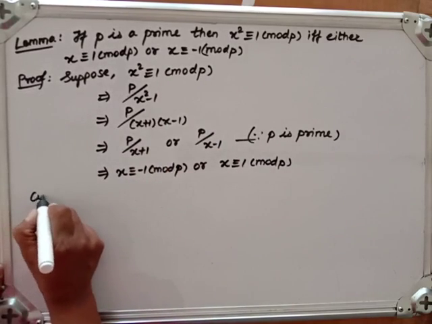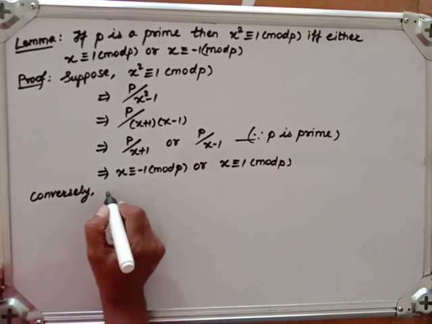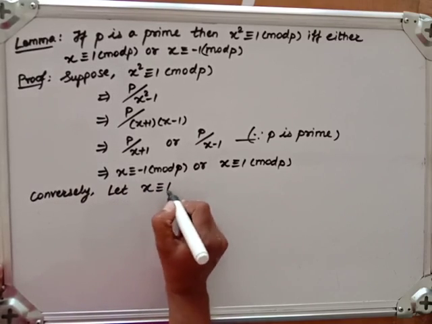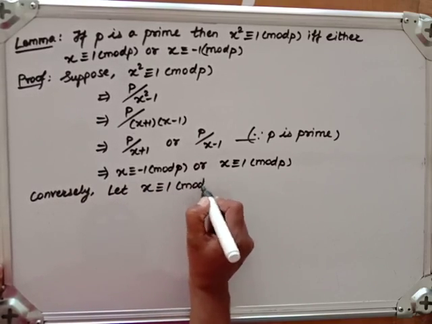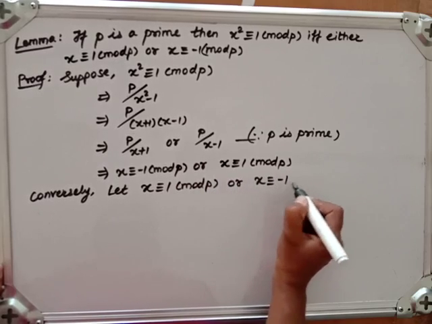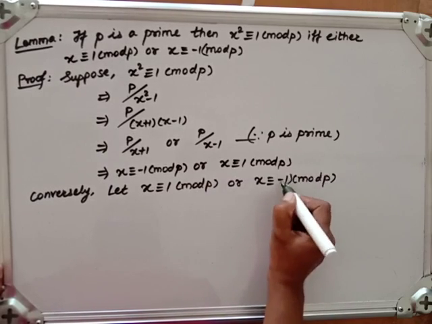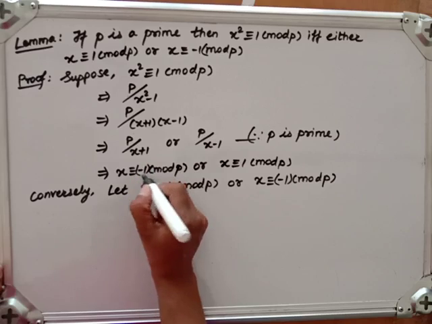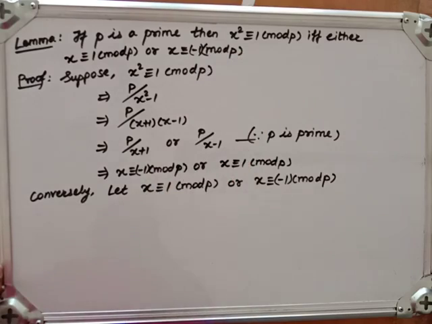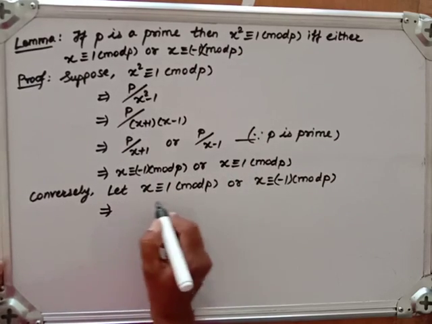Now conversely, let x congruent to 1 modulo p or x congruent to minus 1 modulo p. So what does this give by the definition of congruence?